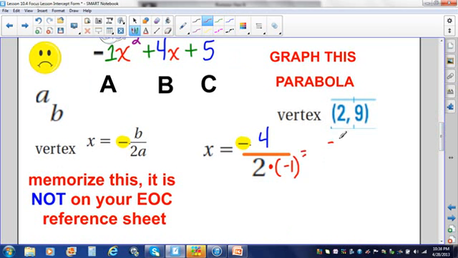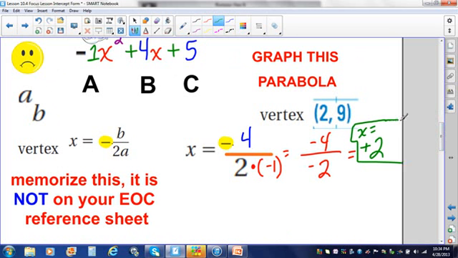I have negative 4 on top. On the bottom I have 2 times negative 1, which gives me negative 2. When I simplify that, that gives me a positive 2. So we know that x equals positive 2. There's my x term right there.